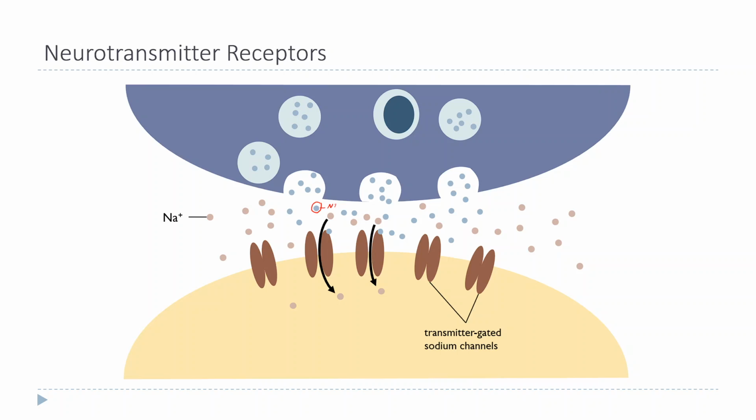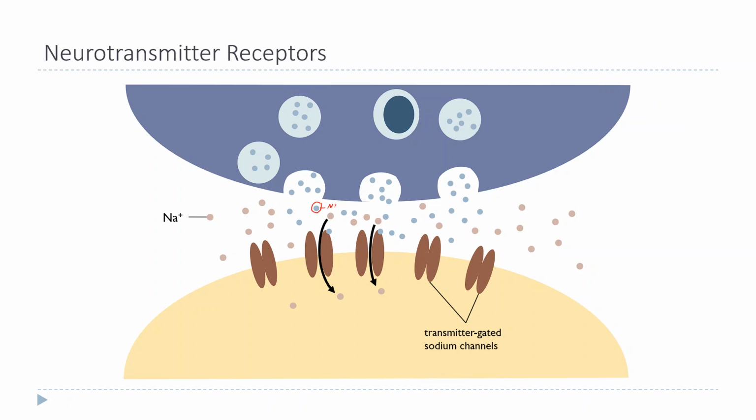Just like the voltage-gated ion channels we talked about in the last chapter, these are closed until the neurotransmitter shows up. Unlike voltage-gated channels, though, the neurotransmitter-gated ion channels are sometimes less picky.